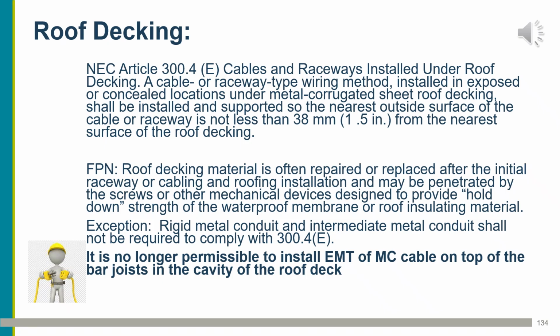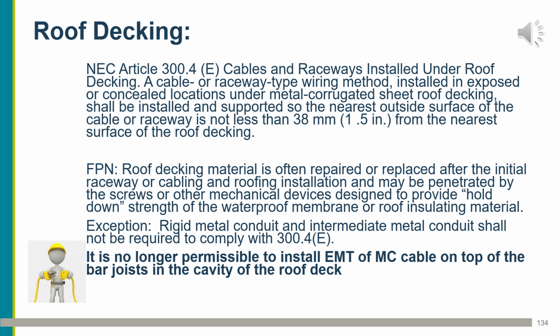We need to be looking real close at Article 300.4E, where it says cables and raceways installed under roof decking. A cable or raceway type wiring method installed in exposed or concealed locations under metal corrugated sheet roof decking shall be installed and supported so the nearest outside surface of the cable or raceway is not less than 1.5 inches from the nearest surface of the roofing deck.